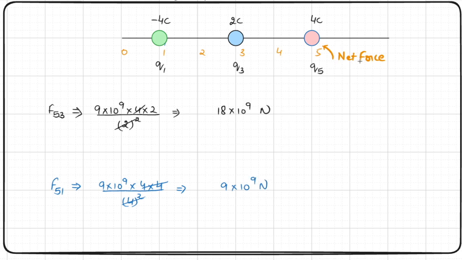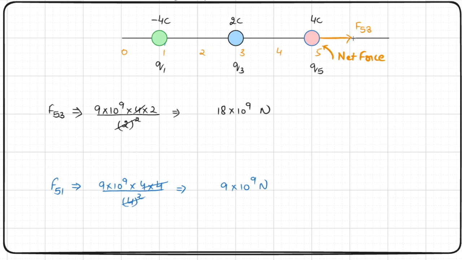Now to calculate the net force, we need the superposition of forces. So let us superpose the forces. These charges will repel, so F53 will be towards the right side. This charge will repel this charge, so I will draw an arrow like this. After calculation, we should know which direction it will go, and that is common sense: positive charges repel.